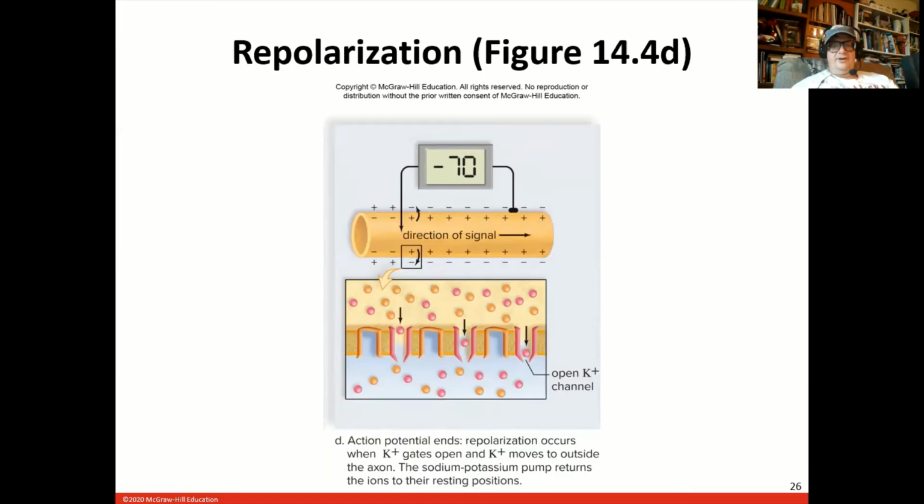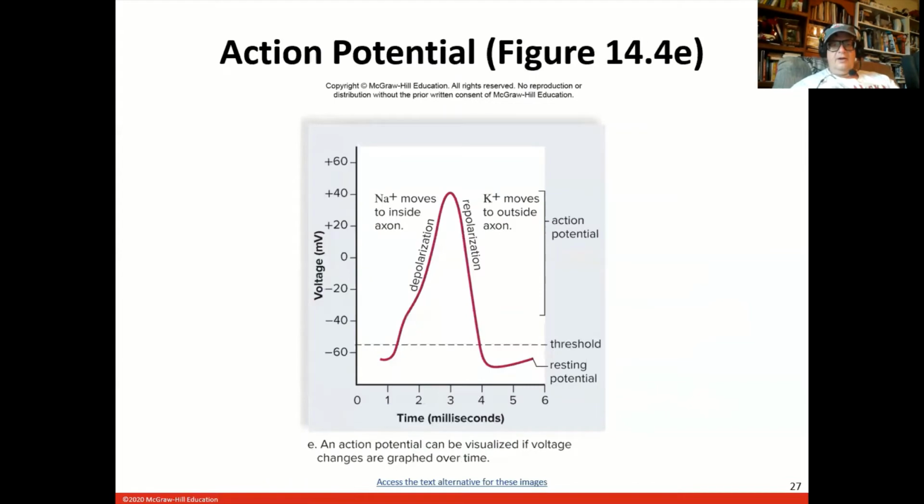All right, so repolarization, you're pumping things back where they should be. You got it. All right, so here you can see it's tiny fractions of a second, but we're at rest, the signal rises. Oh, we hit threshold.